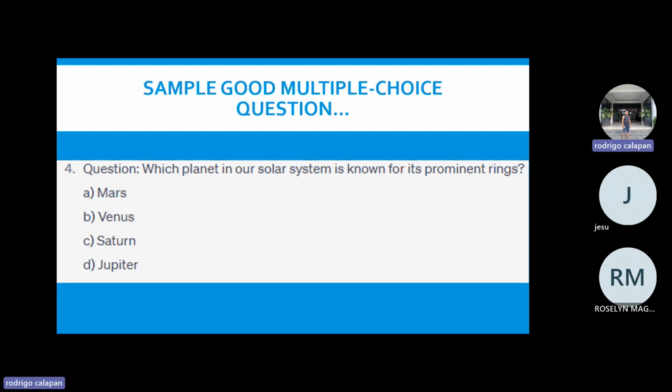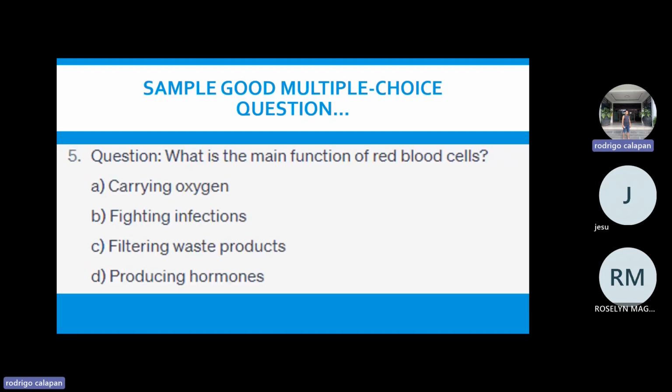So the correct answer here is option C, Saturn, as it is widely recognized for its prominent ring systems. The other options are incorrect and represent different planets, making this question effective in assessing knowledge of planetary characteristics.